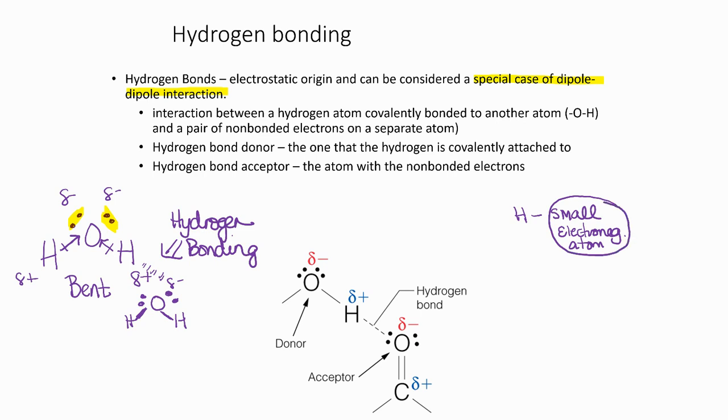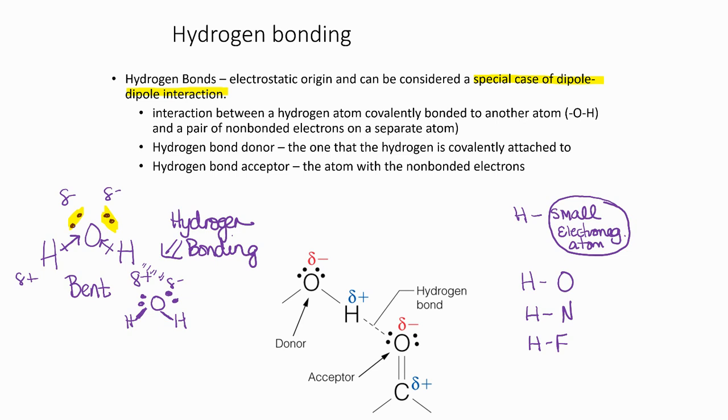So there's only three that fit this criteria: OH, NH, and FH. And in biochemistry, the ones that are the most important for us, because we see them a lot more, are OH and NH. Okay, so we're going to see a lot of those. When you see a molecule with OH and NH, that means that it can do hydrogen bonding.